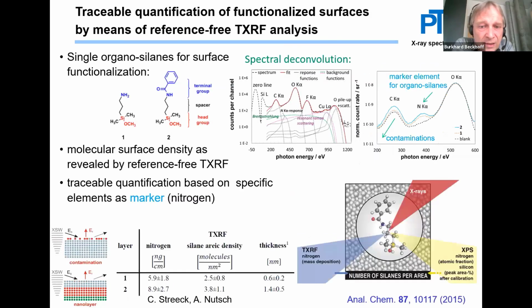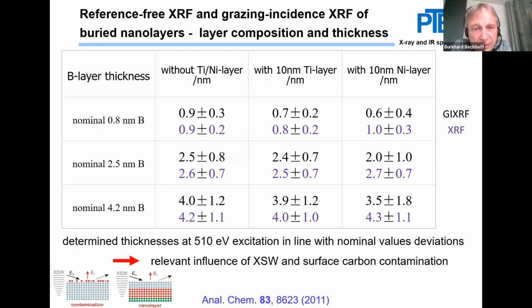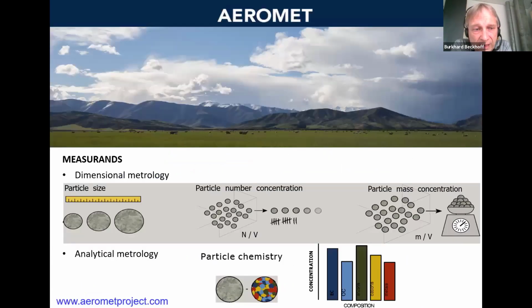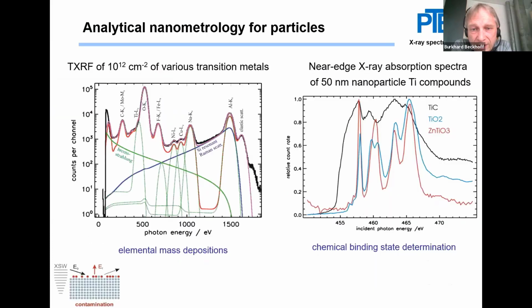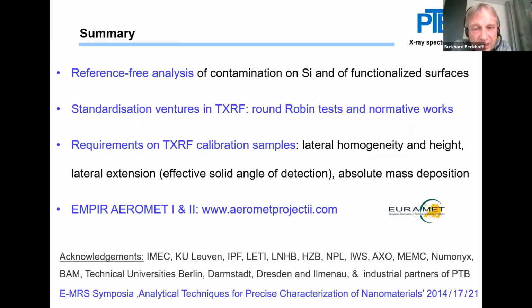And here's a second example of samples that are stable. This can also be used to create transfer calibration samples for TXRF analysis at other sites. And I will skip those slides on the aerosol application. I'd like to conclude my talk.